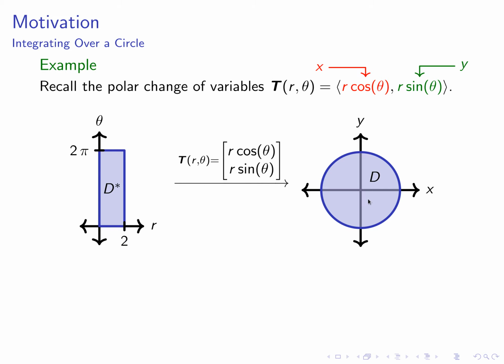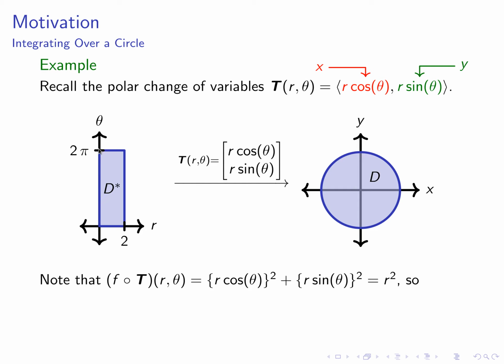So the circle of radius 2 in the xy space is related to the rectangle in r theta space, where r ranges from 0 to 2 and theta ranges from 0 to 2 pi.